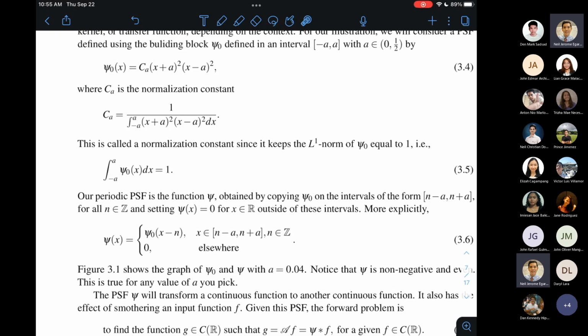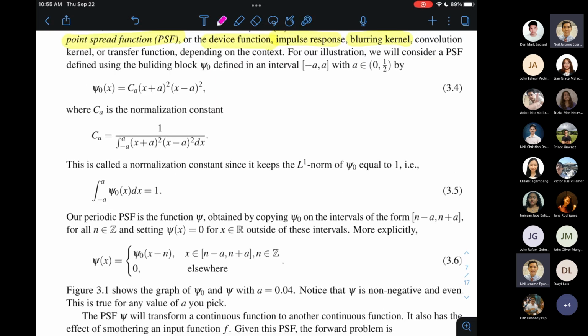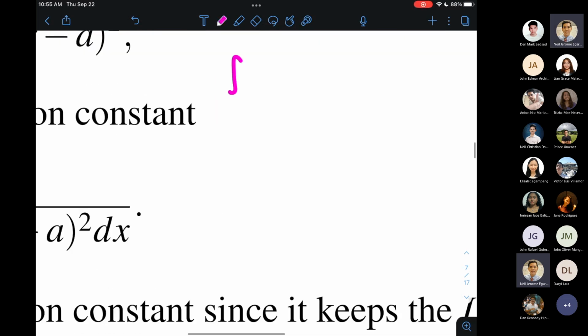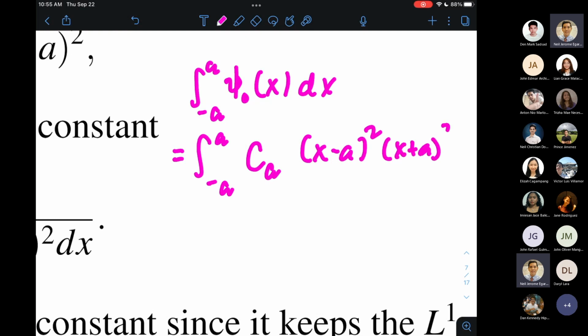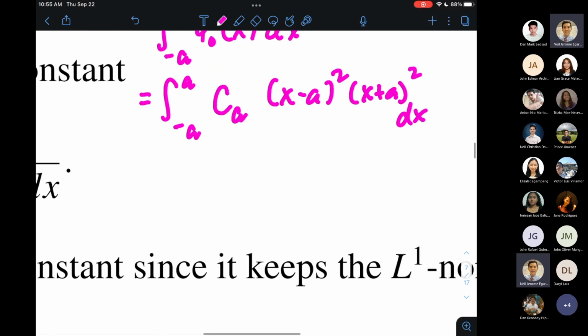equal to 1. So essentially, pag in-integrate ko ngayon si psi sub 0, the integral ni psi sub 0 of x dx from negative a to a, kasi dun lang siya defined, ito ay maging equal sa integral from negative a to a ni c sub a times (x minus a) squared, (x plus a) squared, dx.